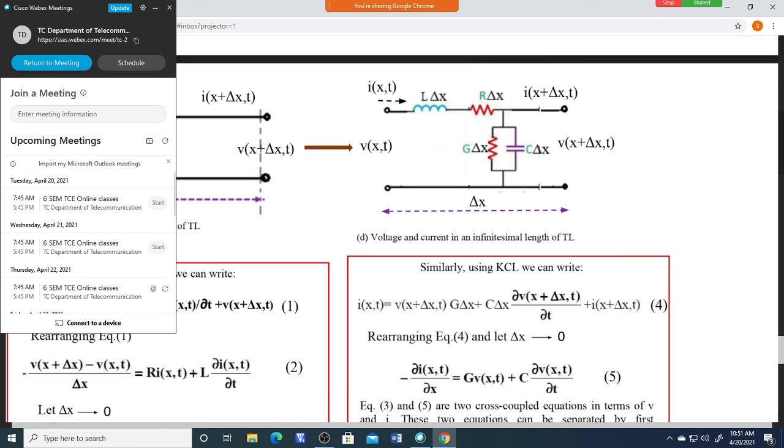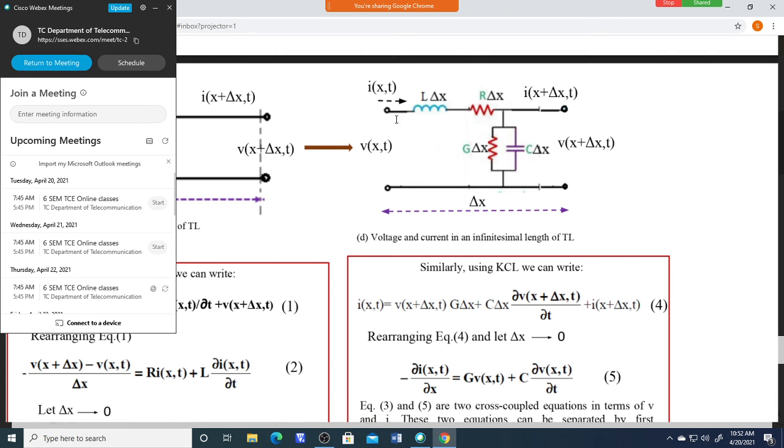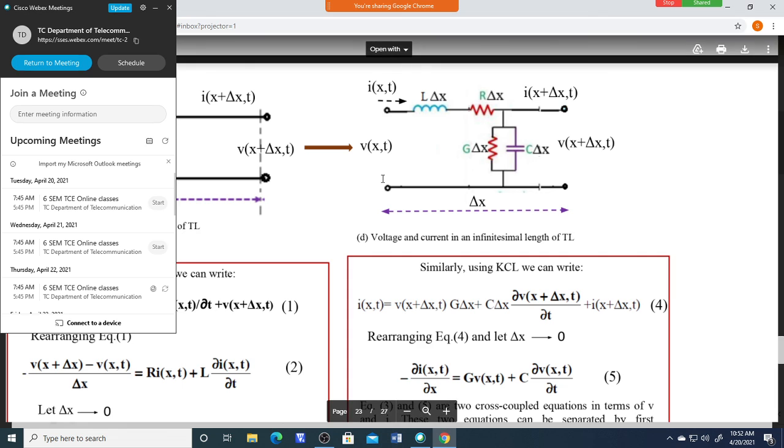So V of x comma t is equal to the voltage across this plus this. Apply Kirchhoff voltage law. Looking between these two terminals, it is equal to the sum of voltages across each element. What is this? This is the voltage across resistance.